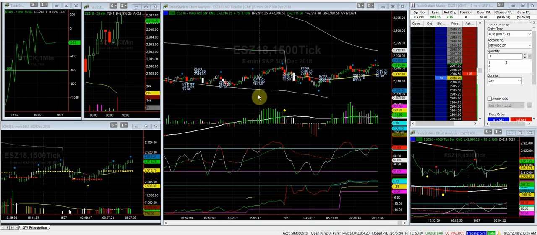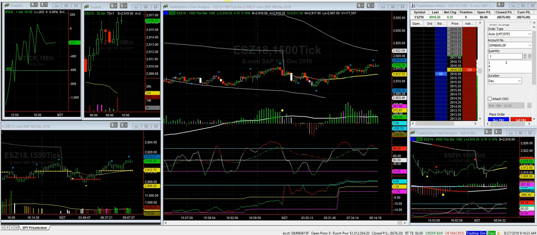Up on price, we're going to have the contraband indicator, which tells us when to take a contrarian trade. And then we're going to have the VWAP here, which is essential to our trading.